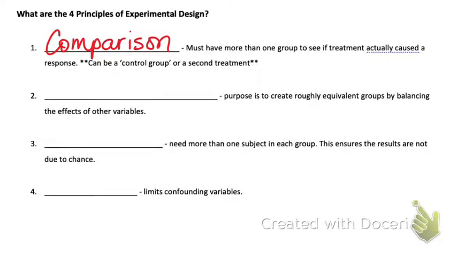Here's what comparison is used for. I must have more than one group in order to see if the treatment actually caused a response or not. So I recently heard about this new candy that I could give to students on test day. If you ate this candy while you were taking the test, you would have a higher test grade.